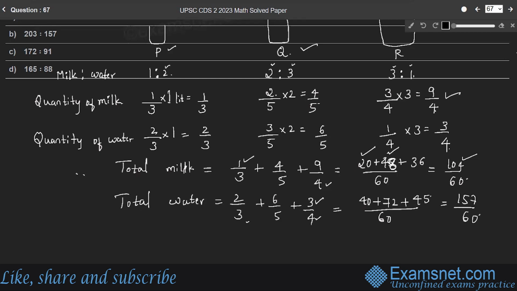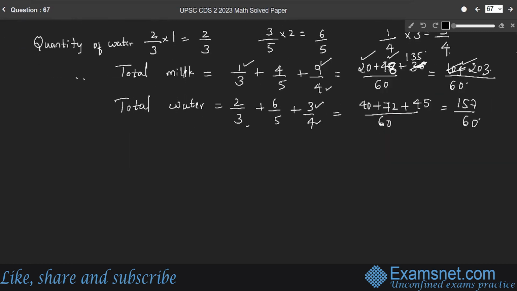And 4 into 15, so 9 into 15 is 135. Therefore, there is a slight change here: 135 plus 20 is 155, plus 48 is 203. Yes, 203 by 60 is the total quantity of milk.